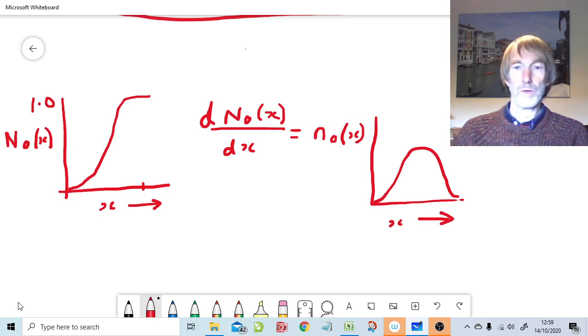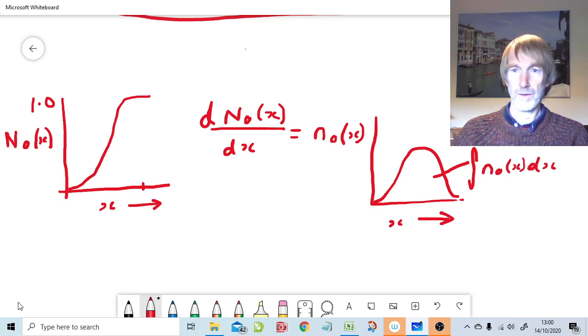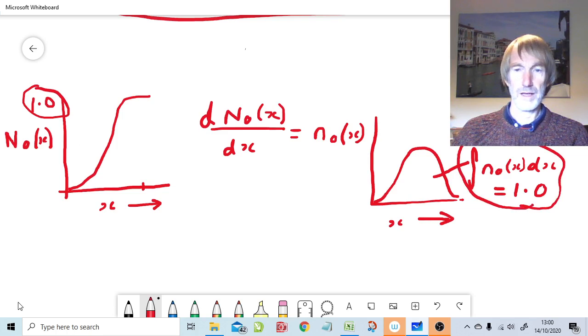So we can obtain the equation, or the function if you like, for the relative number per micron range by differentiating the cumulative curve. The area under this curve here, the integral of n0x dx, is equal to 1, or 1.0 as I've drawn up here, and that's a consequence of this integration just here.